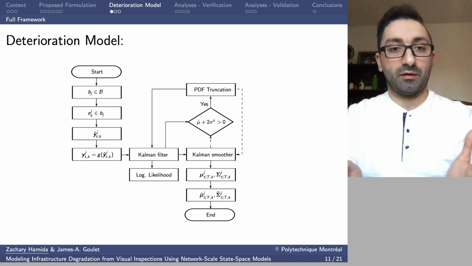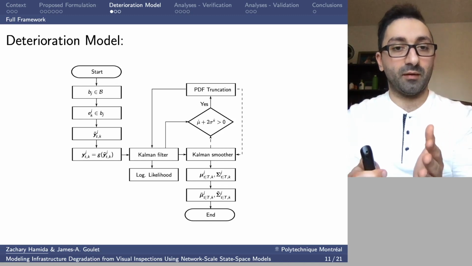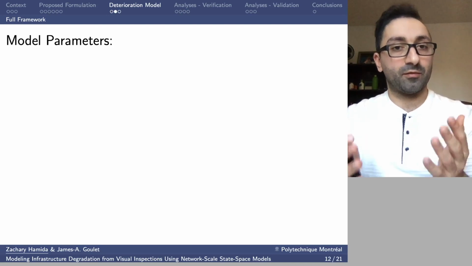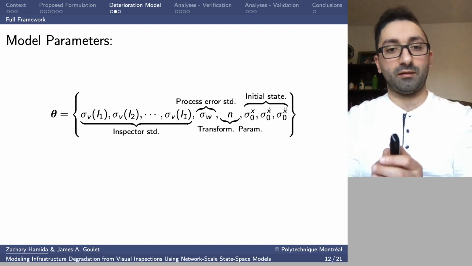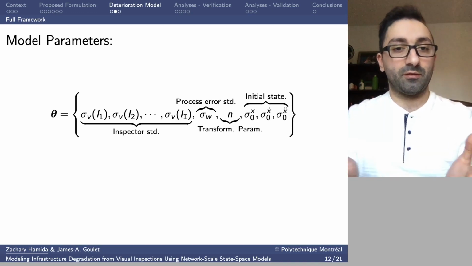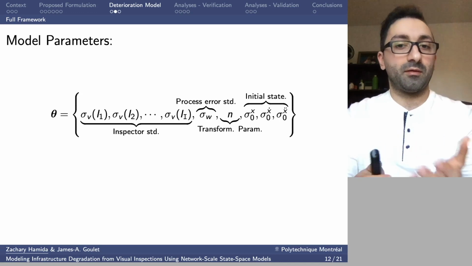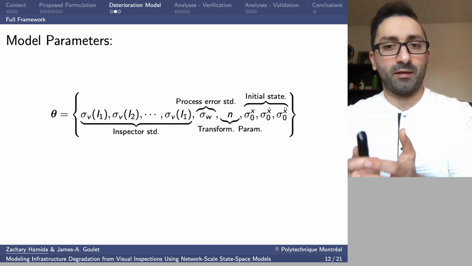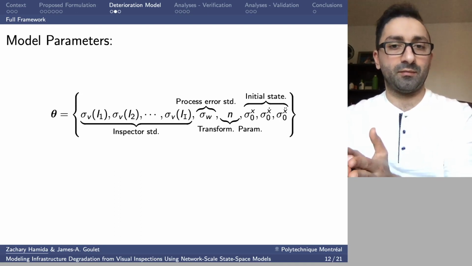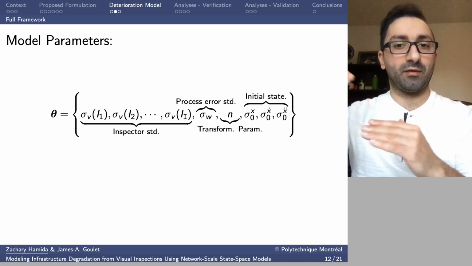Having all this deterioration model framework, this model has parameters. And these parameters are summarized in this set, theta, where I have sigma b's referring to the inspectors' standard deviations, sigma w referring to the process error standard deviation, n, the transformation function parameter, which really controls how much nonlinearity I have at the edges.